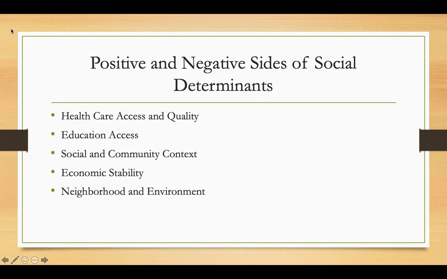But my point is that you're either kind of on those two sides. You have all your basic needs met because you can afford your food, you can afford your clothes and things like that, versus the negative side where you're on kind of the downside. You're living in poverty. You can barely afford your food and your water and clothes, your basic needs, and there's violence around you and drug usage and things like that. Each one of these categories on the slide I'm going to talk about next.